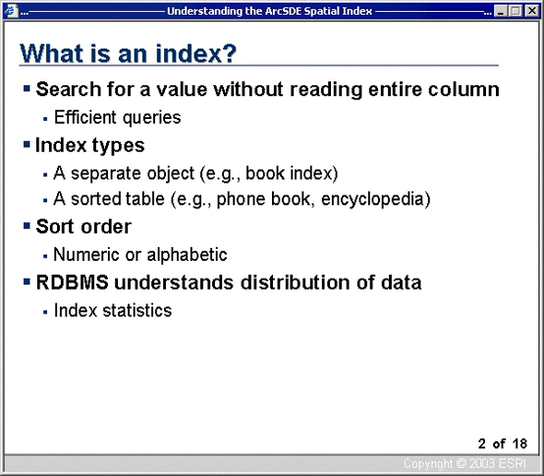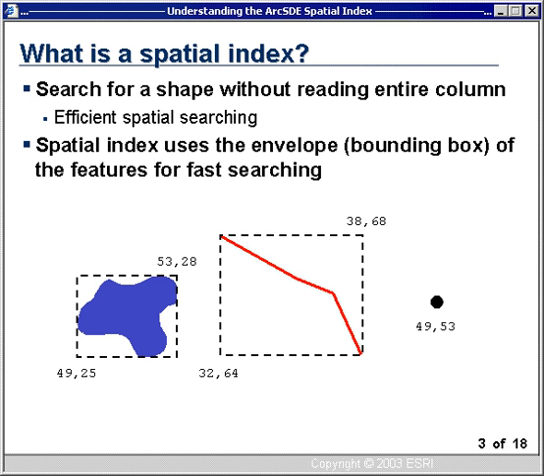Now, these are regular indexes, but conceptually, they're very similar to spatial indexes. We use spatial indexes for the same purpose. We want to be able to find our shapes quickly without having to read the entire spatial column or all of the spatial data before we find the shapes that we're looking for.